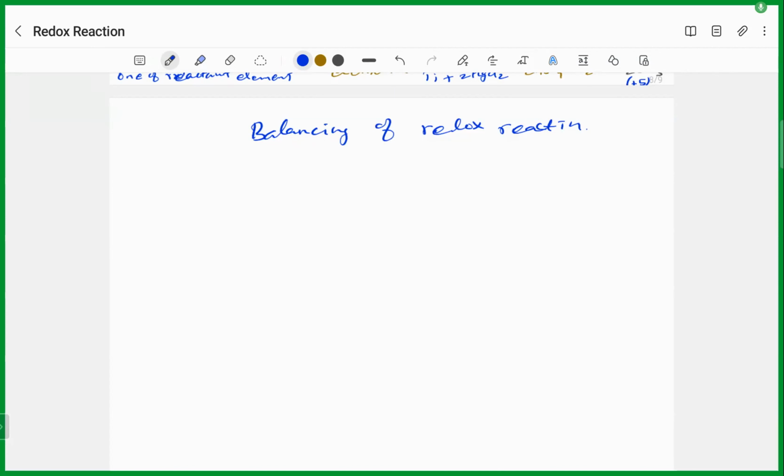Then it becomes P4 plus 3 OH minus plus 3 H2O gives 3 H2PO2 minus and PH3. So this equation and the earlier equation become the same: P4, 3 OH minus, 3 H2O. This is how you have to arrive at the redox reaction. Okay, clear?